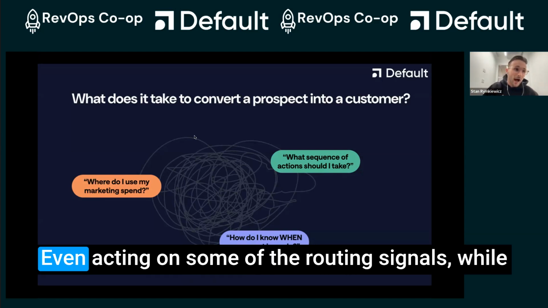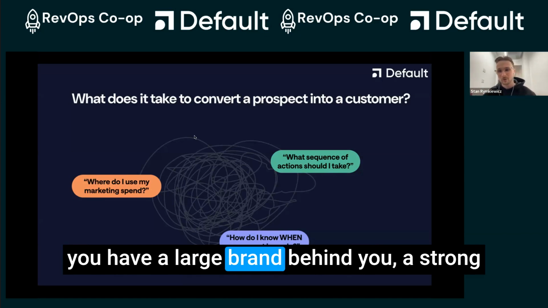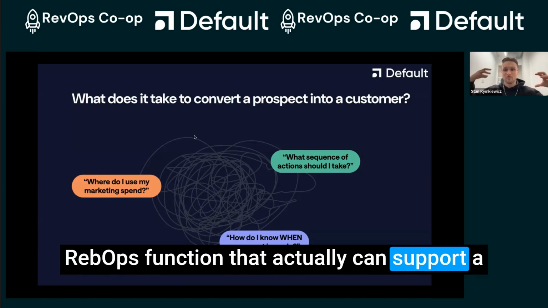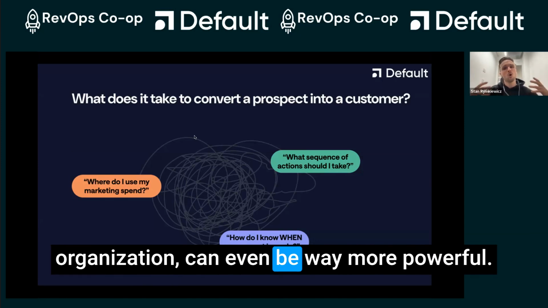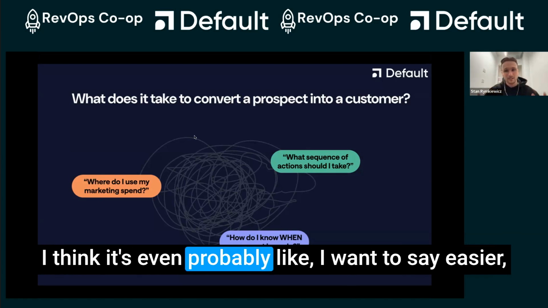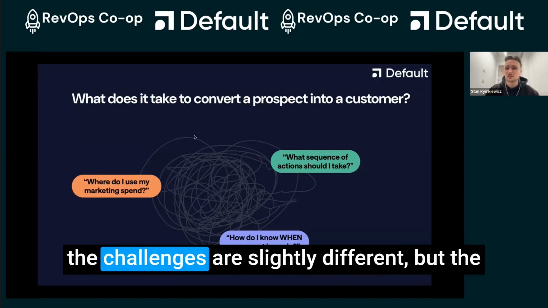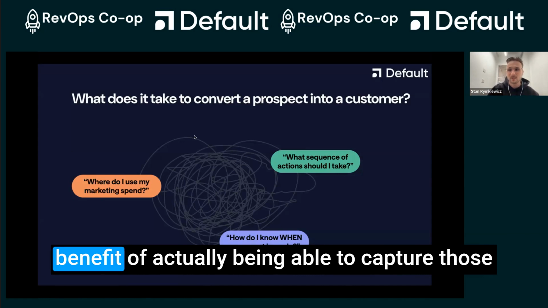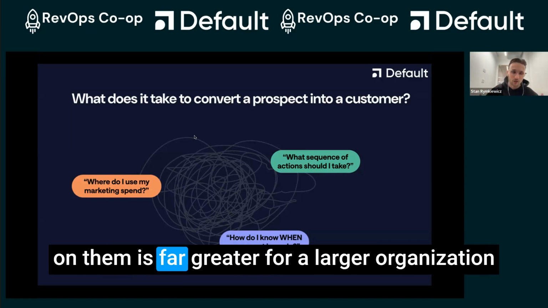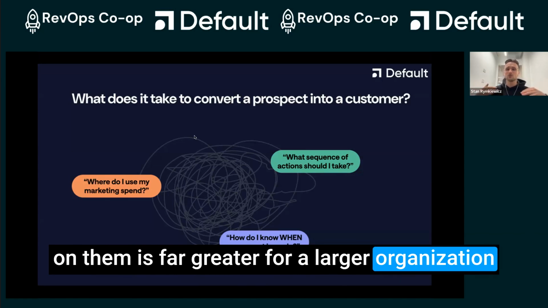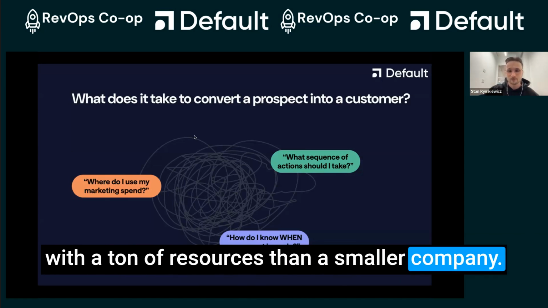And I think acting on some of the routing signals while you have a large brand behind you and a strong RevOps function that can support the different workflows within your organization can be way more powerful. I want to say even easier. The challenges are slightly different, but the benefit of being able to capture those intent signals, route them properly, and then act on them is far greater for a larger organization with a ton of resources than a smaller company.